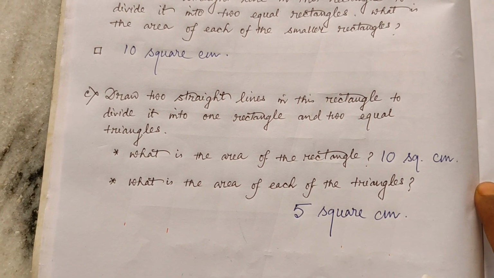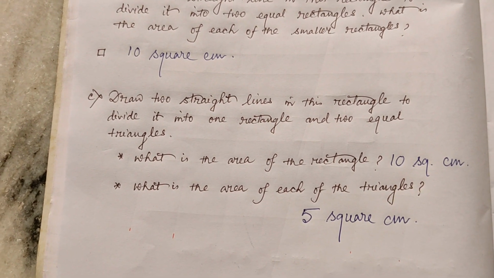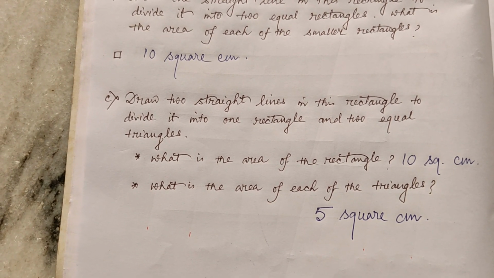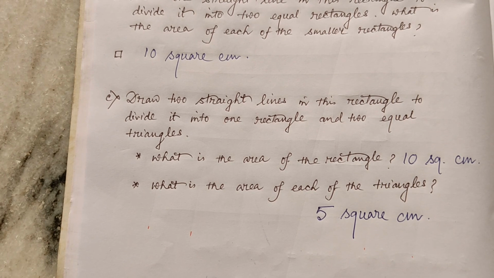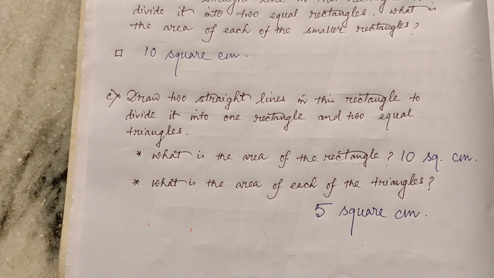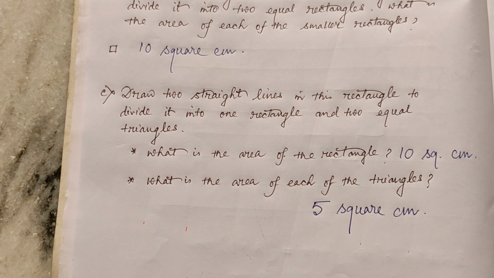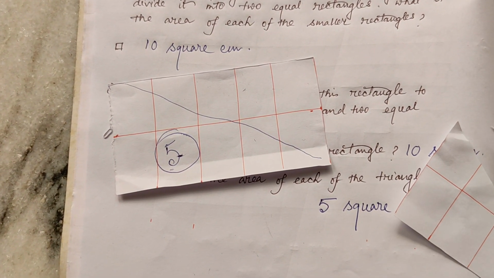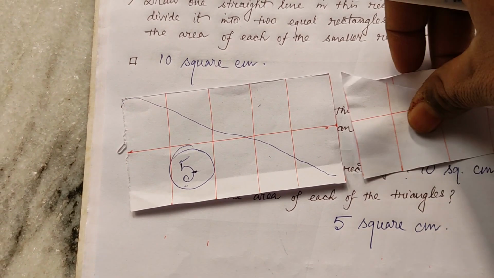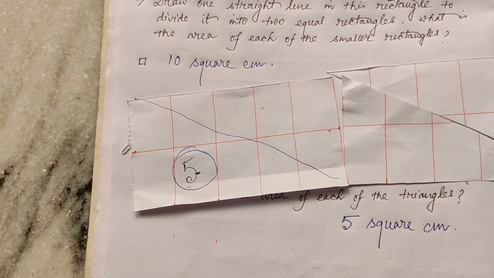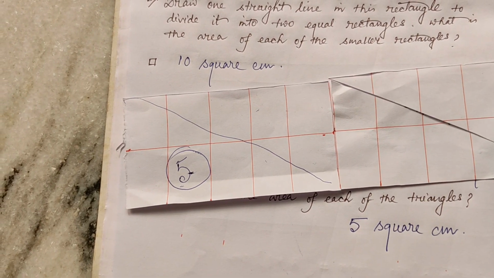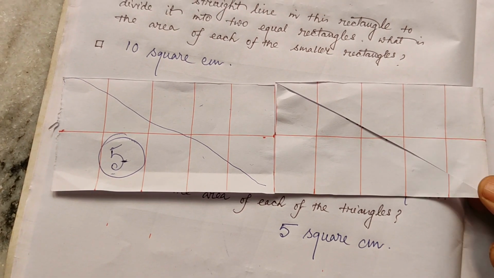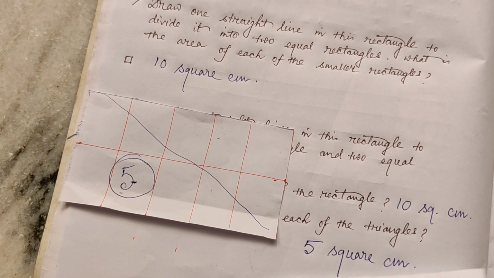Now come to the next problem. Draw two straight lines in the rectangle to divide it into one rectangle and two equal triangles. So here I have taken one rectangle of 20 square centimeter. You can see here, first of all I have divided it into two parts.